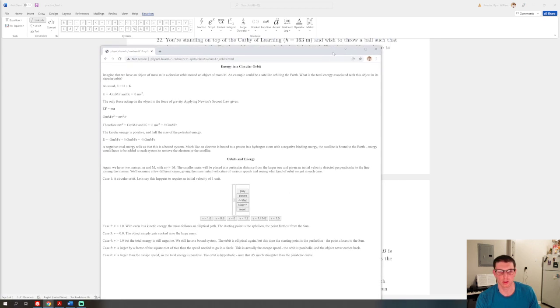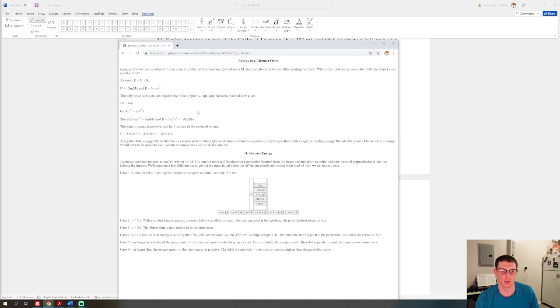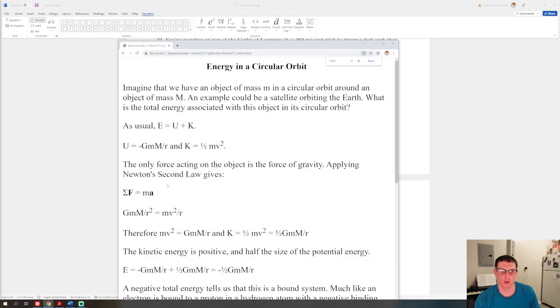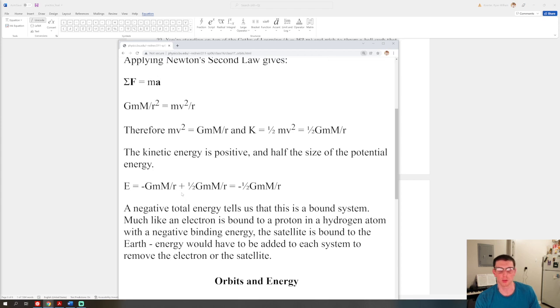Let's just see what this says. I'll zoom in so people can see this. Basically what they're doing here is setting the gravitational force equal to the mass times the centripetal acceleration, right? Which is v squared over r.